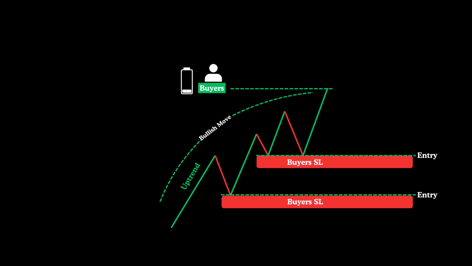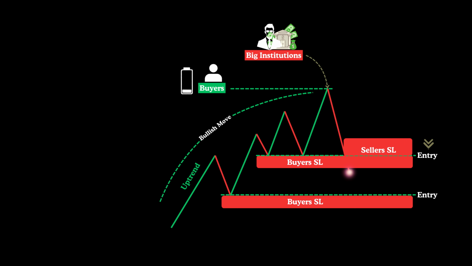In this scenario, operators and large institutional traders struggle to find the liquidity they require to execute their buy-side orders. To solve this shortage, the market is intentionally driven below previous swing lows. This leads to some new retail traders interpreting this as a breakdown and entering short trades, placing their stop losses higher. This produces a large quantity of liquidity within that zone. The market then sweeps away this liquidity, swiftly reversing and moving upward in the direction of its prior trend.